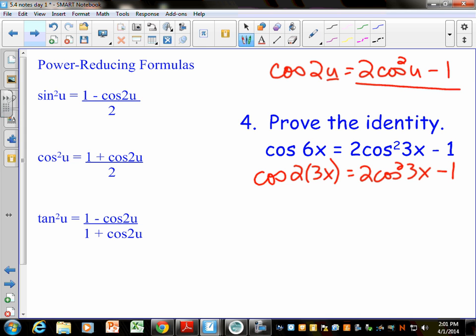You can say that that is the same as saying 2 cosine squared of 3x minus 1, which equals 2 cosine squared 3x minus 1. I'm not going to say there's not going to be some that are a little more complicated than this, but don't overthink them. If they fit directly to a formula, figure out what u is, and then use the formula.